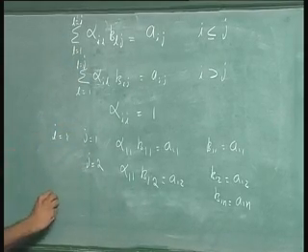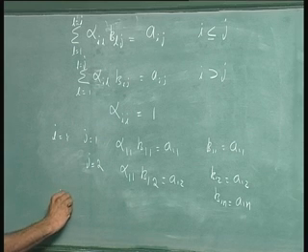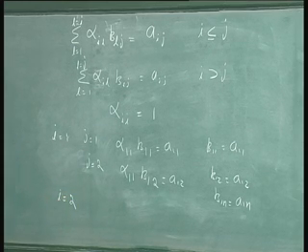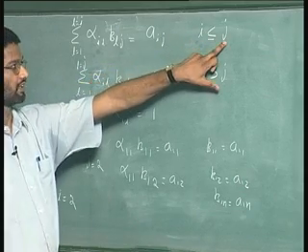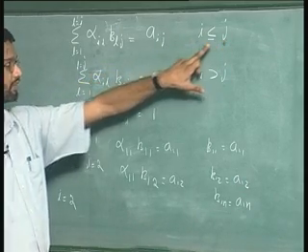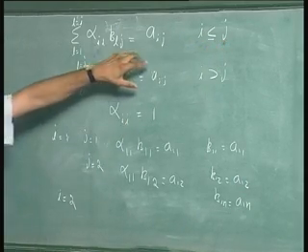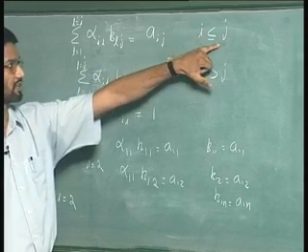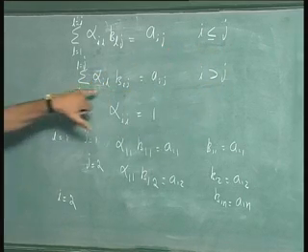Okay, now when we choose i equal to 2, for j which is 1, we can't use this equation because i is 2 and j is 1, so this equation does not satisfy, so we will use this equation.